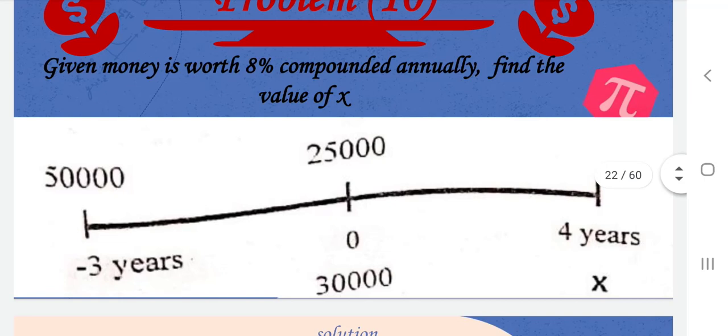The time for $25,000 and $30,000 equal 4 years, so N equal 4, and N for X equal 0 because of the time equal 0. Note that the time here is the distance between the maturity date and focal date.